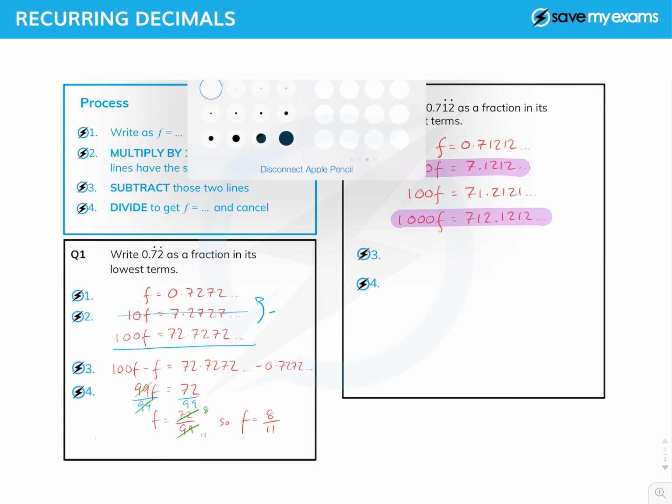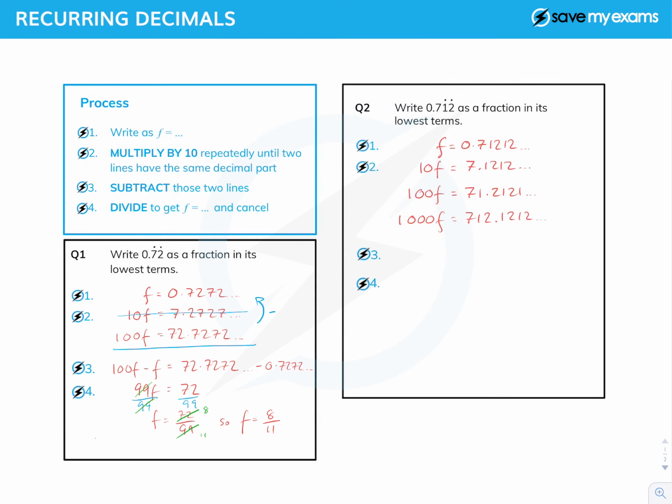So let's get rid of the two lines we don't want by crossing them out so we're not confused into using them, and proceed to step 3. Subtract the two lines I'm left with. Okay, so as before, let's do a big subtraction this way. And again, I've done it that way to make sure that I've got the big number minus the small number.